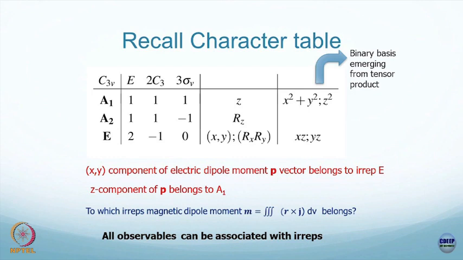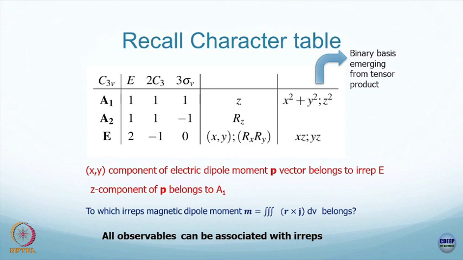Why? To see whether it is an axial vector, you have to do a inversion or a mirror transformation, which is an improper transformation. If you are not doing that, you will not be able to distinguish it. So, in this case you can say that x and y, if it transforms like a irrep which is 2-dimensional E, Rx, Ry also will transform like a 2-dimensional irrep E. Another way of seeing is that the sigma v character is 0. Okay. So, in some sense you can have both are equivalent bases here.